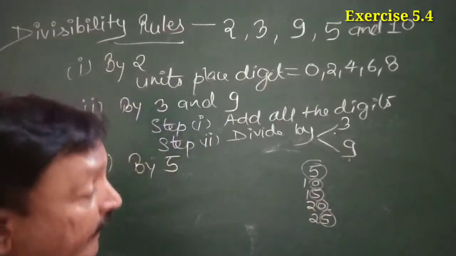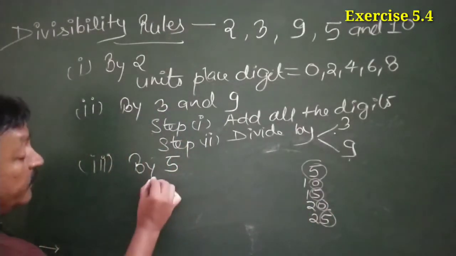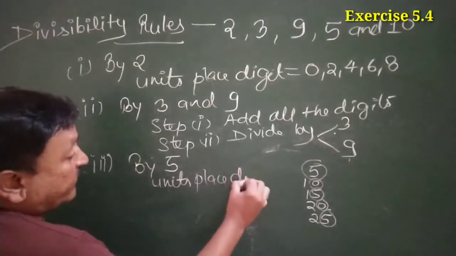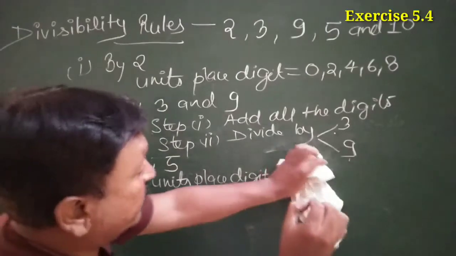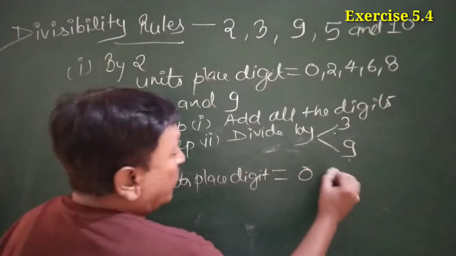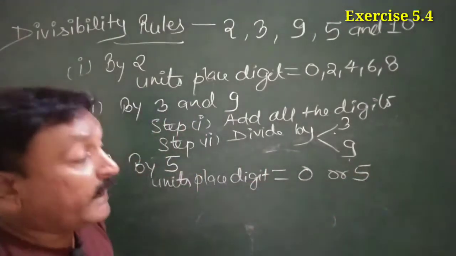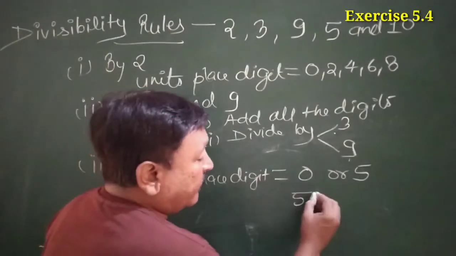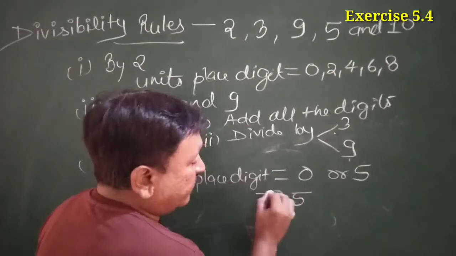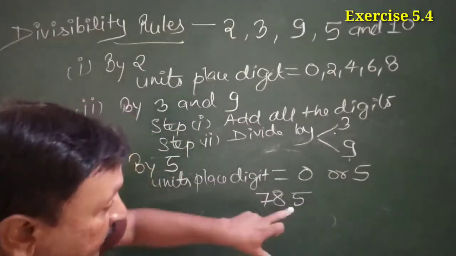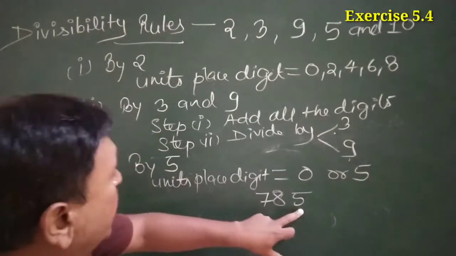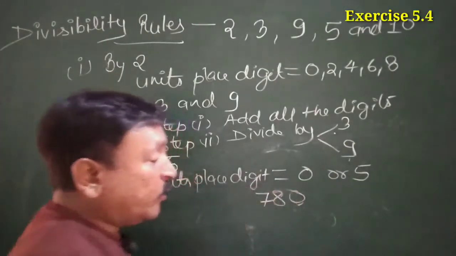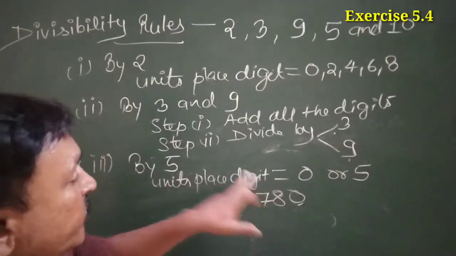It means that if any number's units place digit is 0 or 5, then that number is divisible by 5. Suppose this is the number 785. Its units place digit is 5, so it is divisible by 5. If 0 comes there, then also the number is divisible by 5.